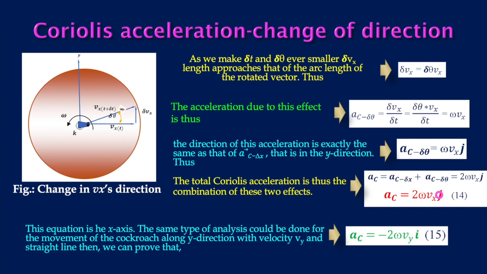So you notice, when the cockroach was moving in the x direction, the acceleration direction is j, whereas when the cockroach is moving in the y direction, the acceleration direction is i.